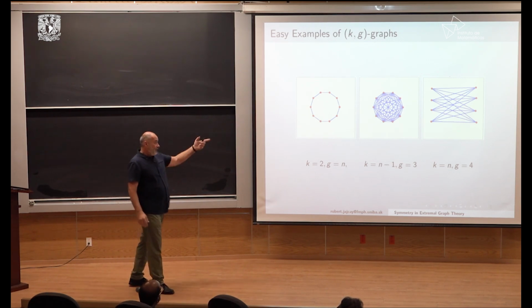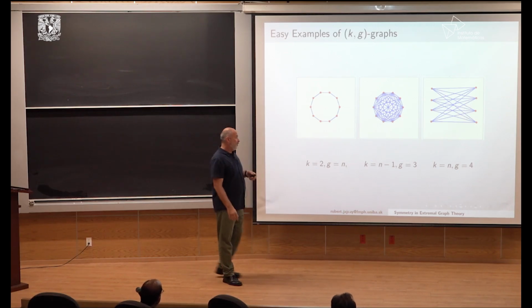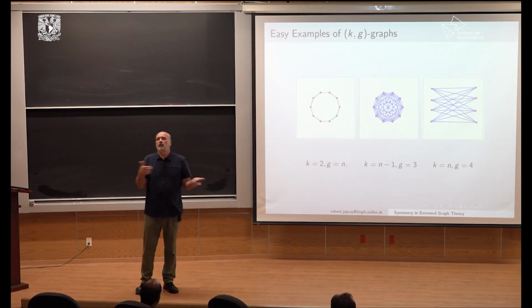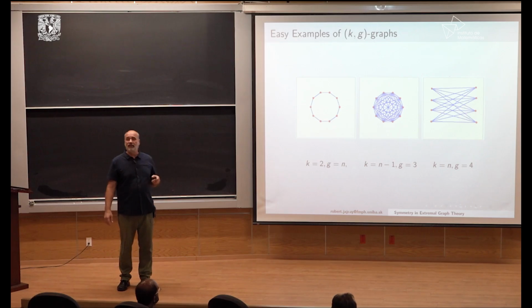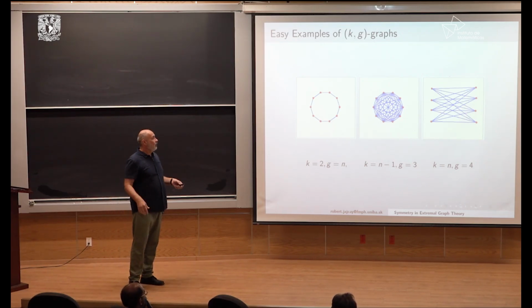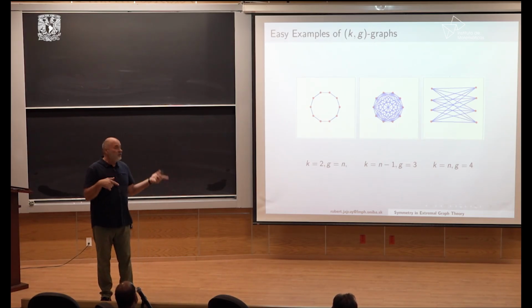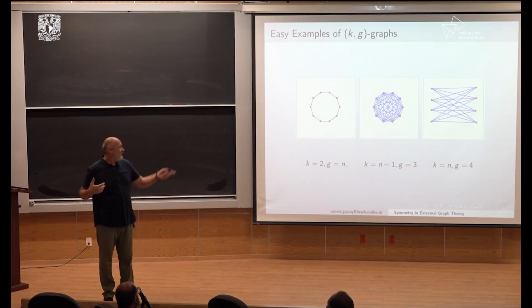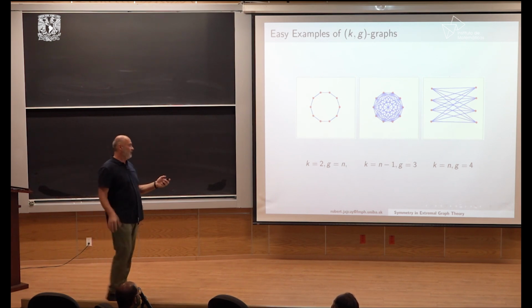Another easy example: if you want every vertex to be of degree n minus 1, and you want the shortest cycle to be a triangle, then take the complete graph on n vertices. Everybody will be of degree n minus 1, and the girth really will be 3. The last thing I'm not checking here is that it is the smallest graph with these properties, but it feels like it's as compact as it can get. So yes, it is the smallest.